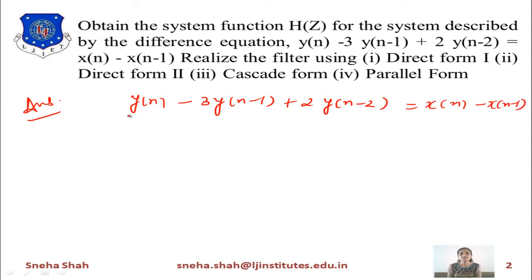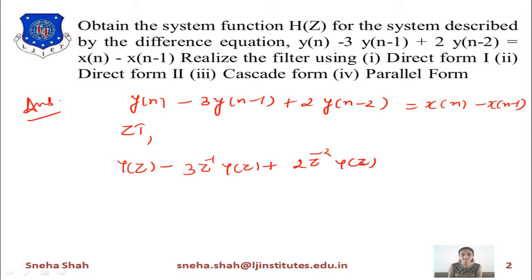The first step when the difference equation is given to you is to find the z transform. Taking the z transform, using the time shifting property, this converts into Y(z) minus 3z inverse Y(z) plus 2z raised to minus 2 Y(z), and on the right side X(z) minus z inverse X(z).